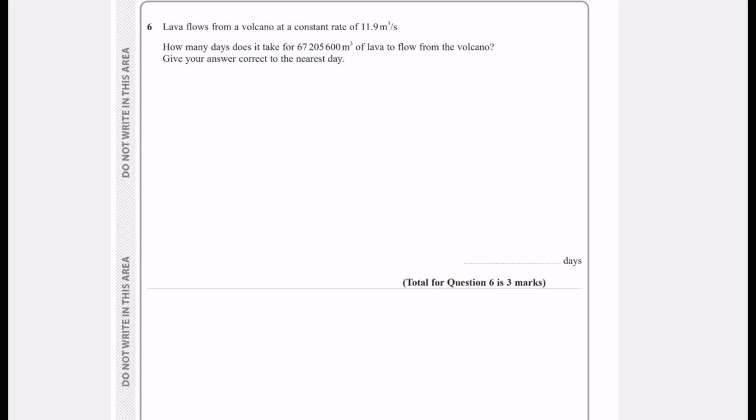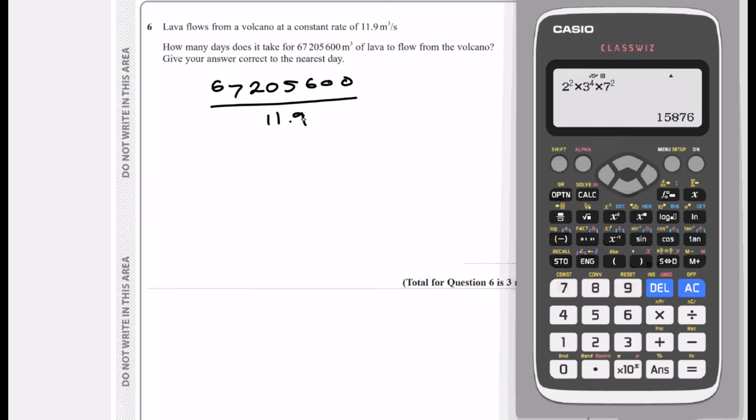So we can work out how many seconds it takes by dividing the amount of lava we've got by 11.9, because 11.9 meters cubed come out every second. So we'll take our number and divide it by 11.9 to find out how many seconds it takes. And then it's just going to be a case of converting seconds into days.